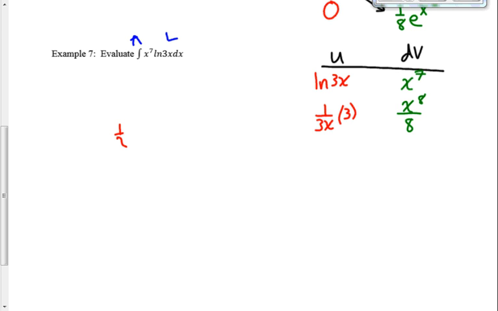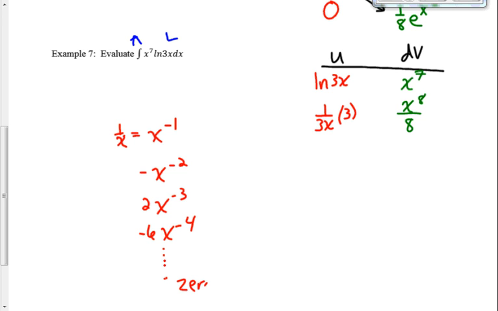But what I'm noticing is, let's just take a little side trip over here. If I have 1 over x, that's the same as x raised to the negative 1. When I take that derivative, I get negative x to the negative 2. When I take that derivative, I get 2x to the negative 3. When I take that derivative, I get negative 6x to the negative 4. Do you see what's wrong? This is never, ever going to get to 0.